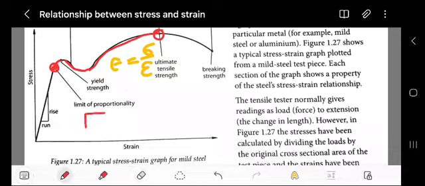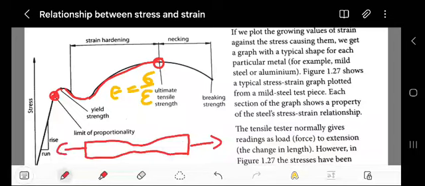As you keep applying that force, as you keep increasing this force and keep pulling, applying your tensile force, you'll reach the point where the neck will decrease much more.